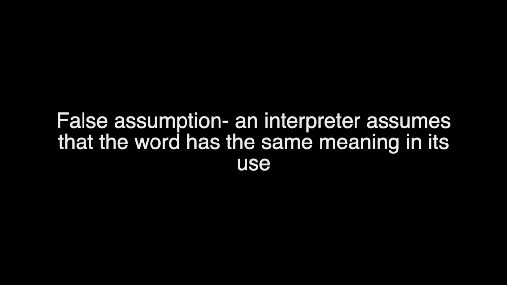Now, the last thing that we need to be cautious about when we approach the text is what's known as a false assumption. What does that mean? Well, this is a person like yourself or myself that goes to the text and we assume that the word that we see in English means the same thing throughout all of the text.